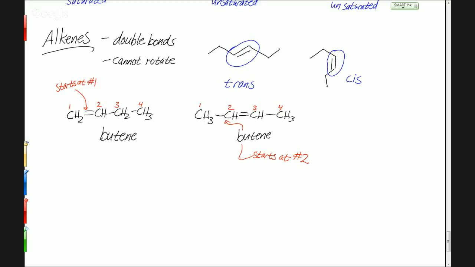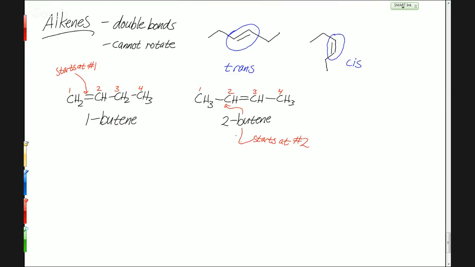So that's how we differentiate these two types of alkenes. This one's called 1-butene, and this one's called 2-butene. Just like with substituents, we put a number with a dash to show where the double bond is in the chain.